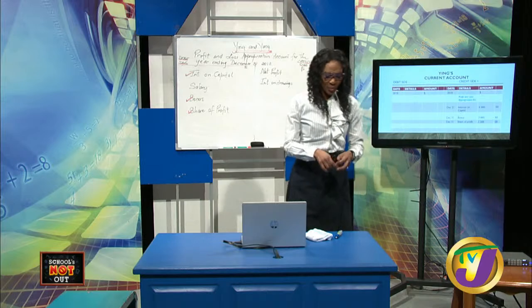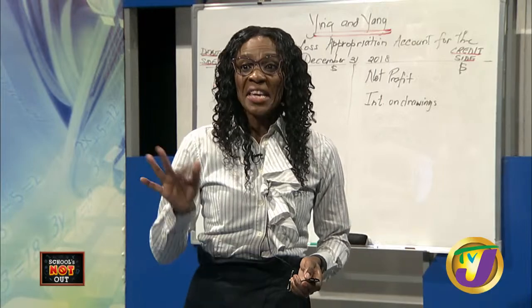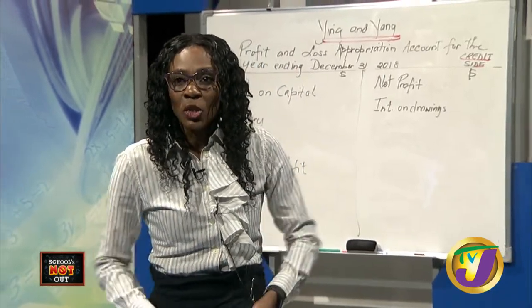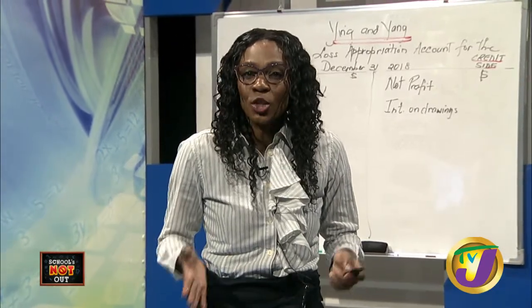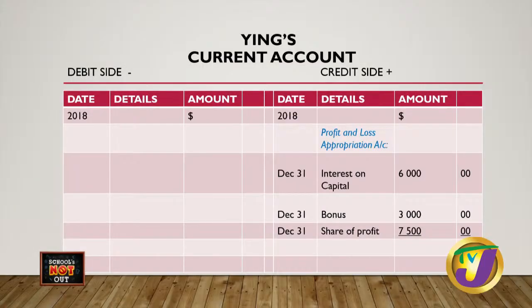You would question, why is it that there is no salary for Ying? Simply because in the appropriation account that we did before, Ying did not receive any salary. So you cannot put that in his current account to say that he has increased capital by means of earning a salary. All right? So let's move on.